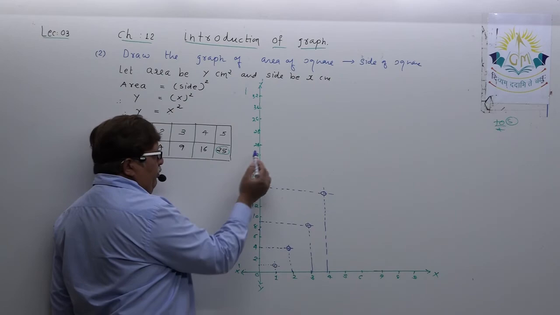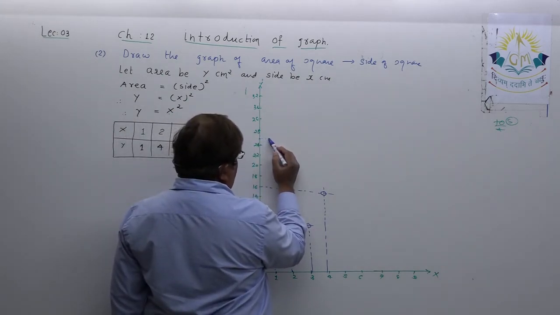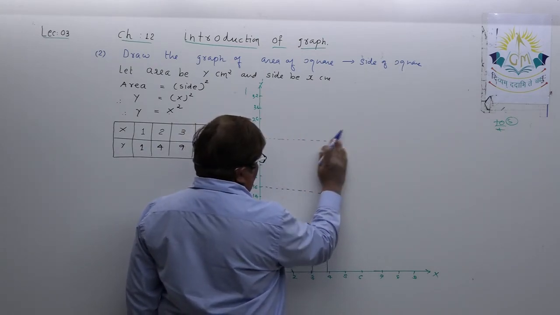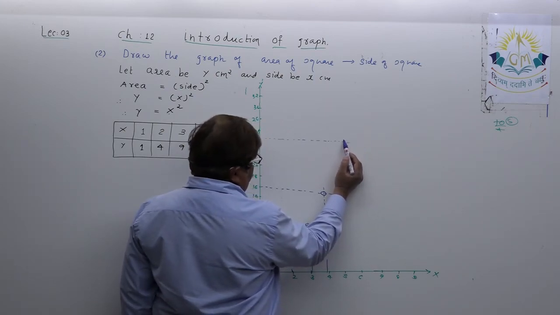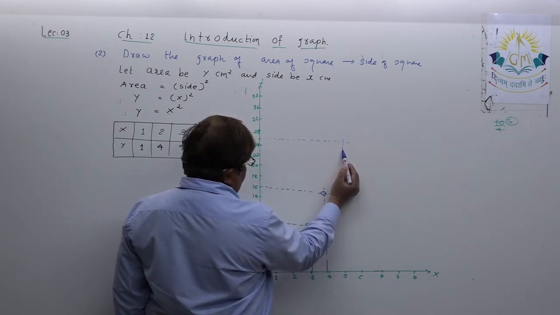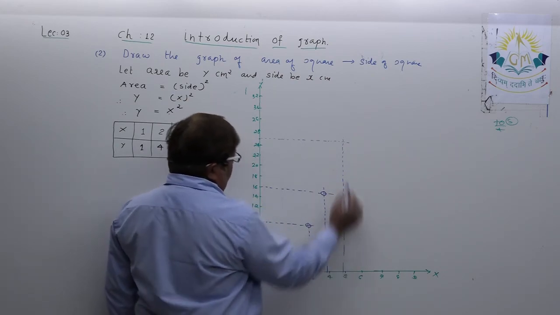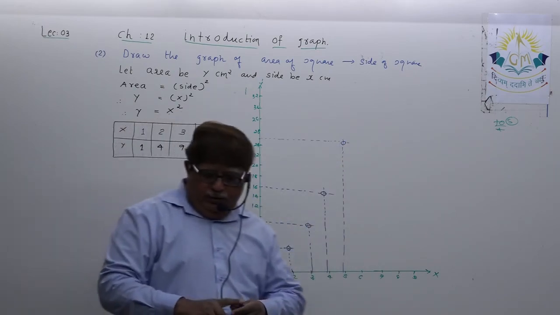Every 5 lines will be 1. So here you will get it. One dotted line from here and one dotted line from here. So already 5 points have been located.